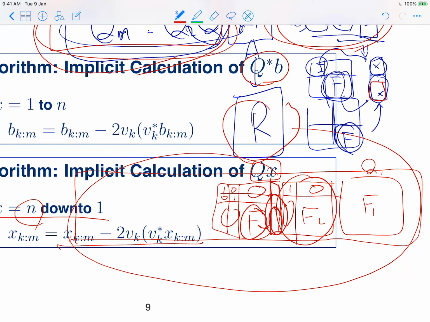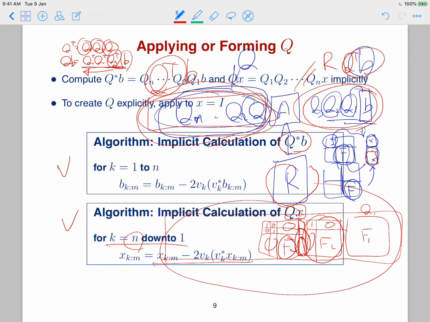So once we obtain this sequence of smaller and smaller reflector matrices F, we can multiply any given vector X or B with the original sequence or in the reversed sequence.